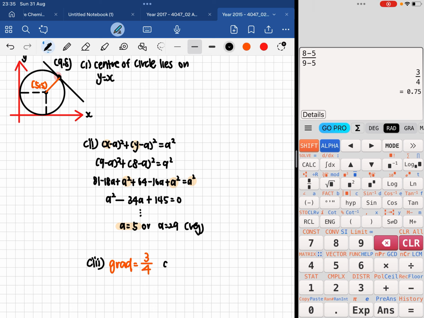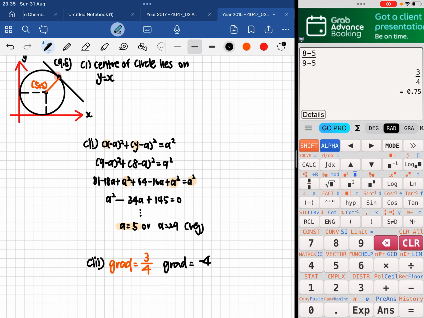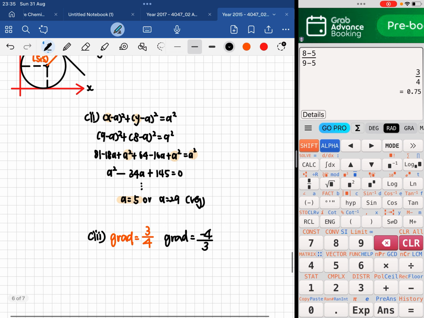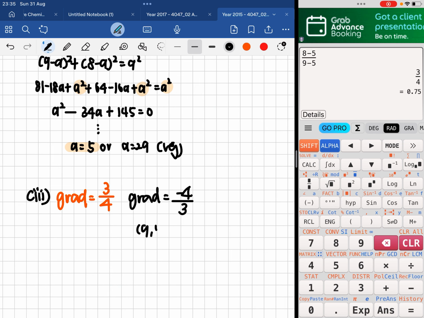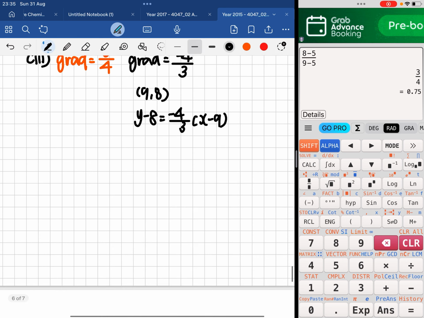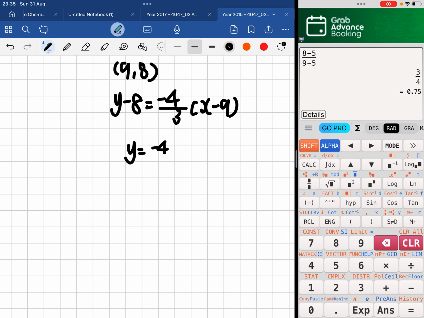So the gradient of your tangent is negative 4/3. Using the point (9, 8), you will have y minus 8 equals negative 4/3 times (x minus 9). So from here, y equals negative 4/3 x, plus negative 4/3 times negative 9 plus 8. So this is 20. So this will be my final answer.